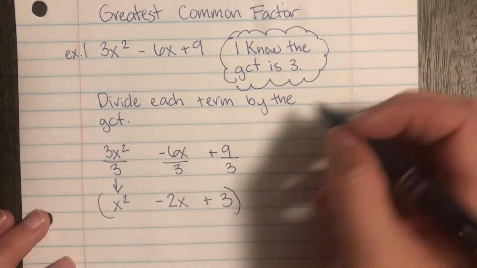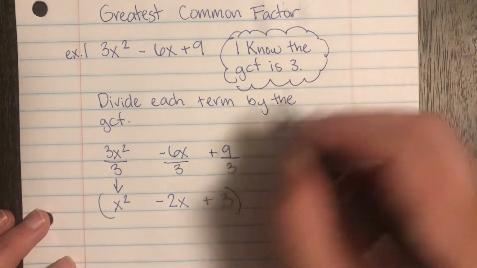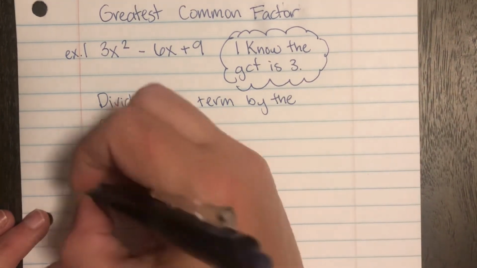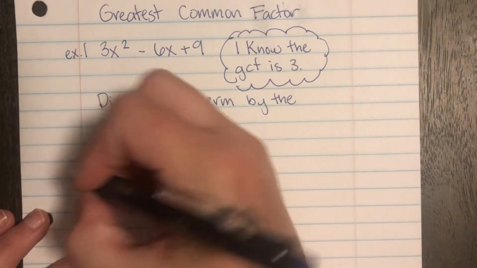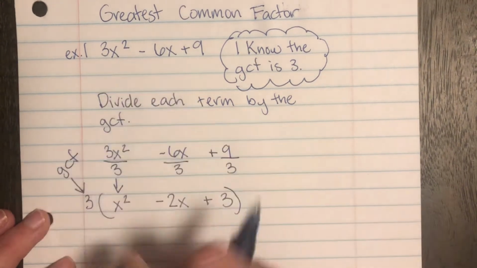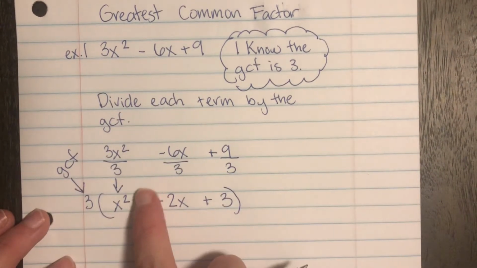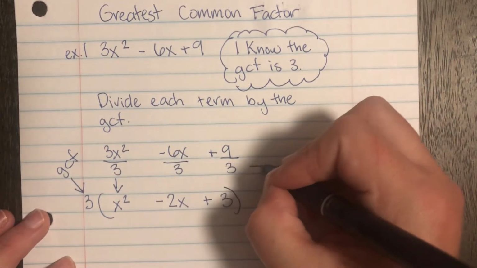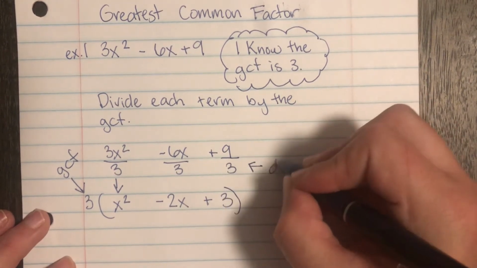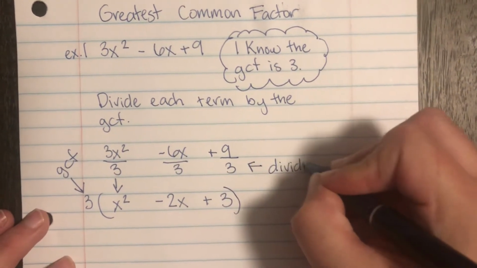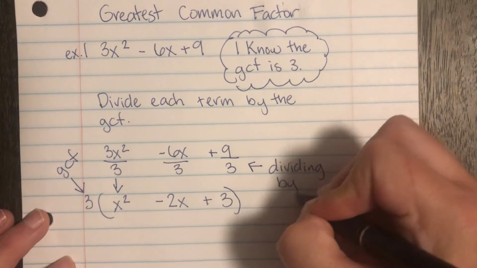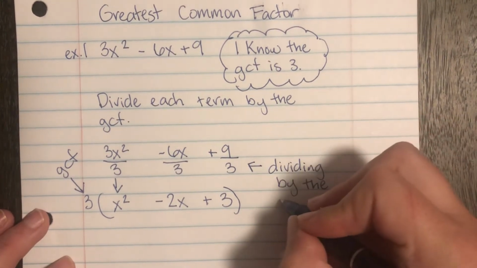Then we're going to take whatever our GCF was and put it on the outside. So you might want to write yourself a note that this is the GCF, and then each one of these is where we are dividing by the GCF.